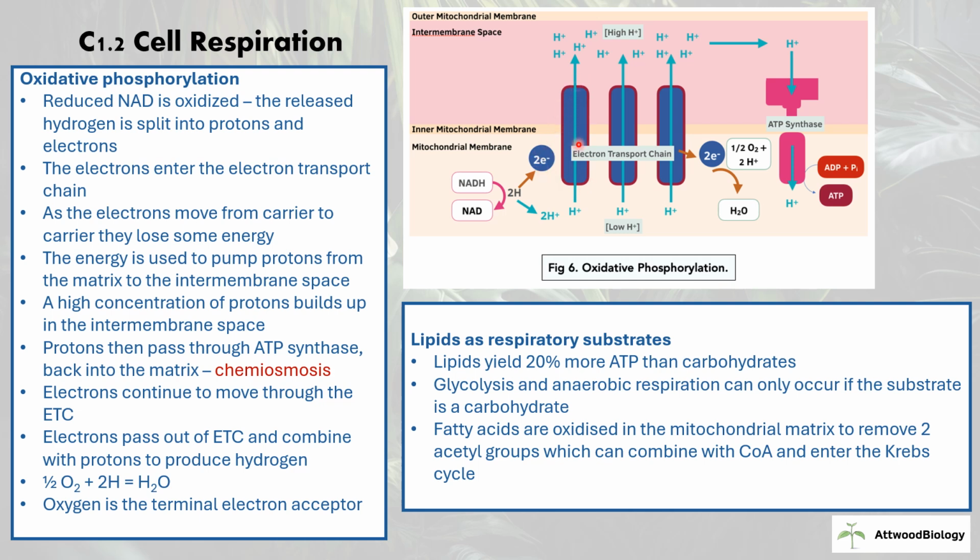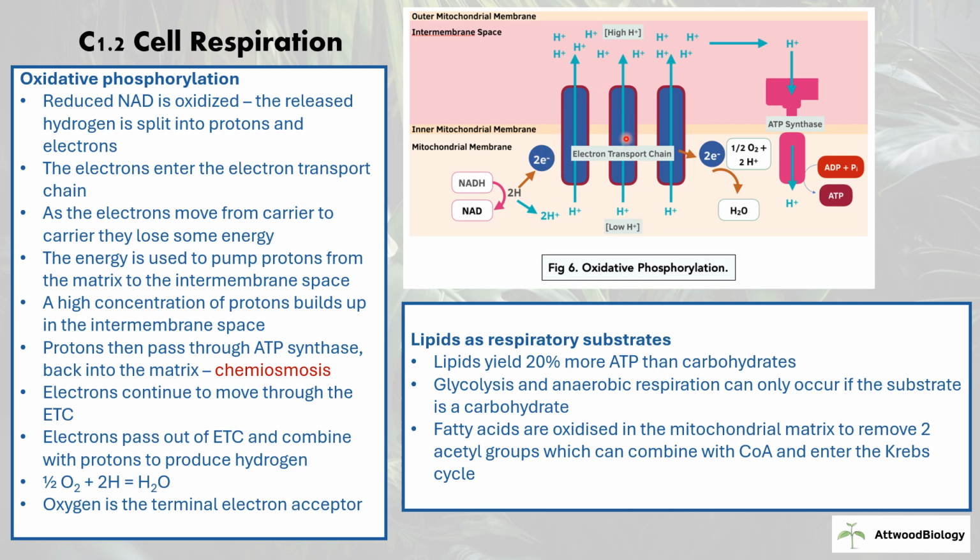The electrons enter that electron transport chain and they move through each electron carrier in the chain. As they move through, they lose a little bit of energy, and that energy can then be used to pump these protons from the matrix into the intermembrane space. So we're pumping them against their concentration gradient, so there's a high concentration here and there's a lower concentration here.